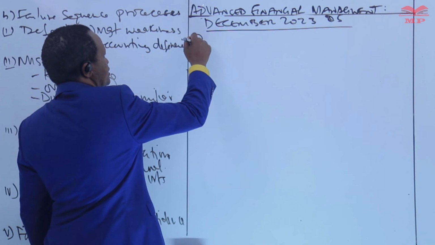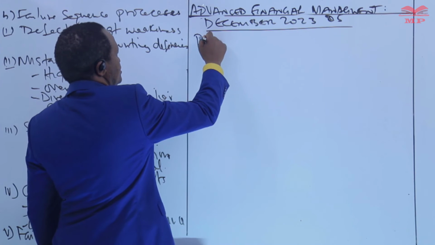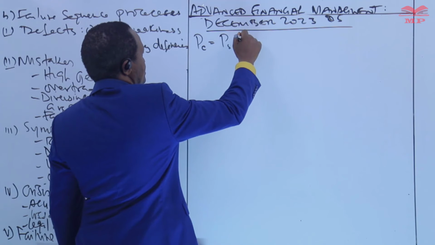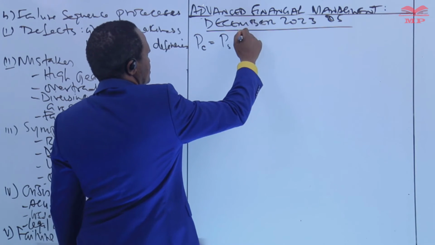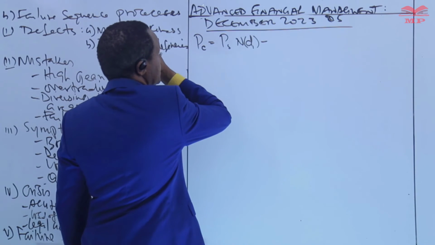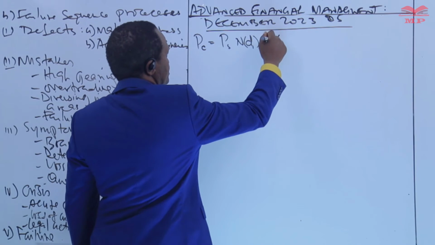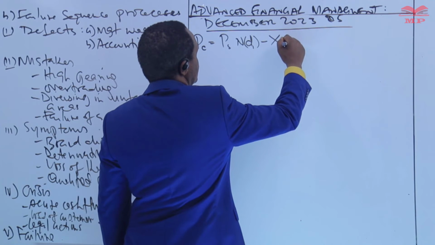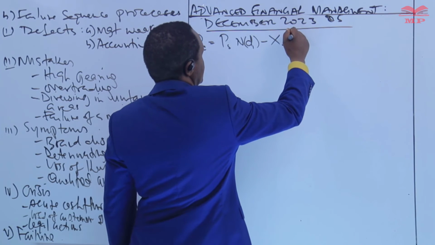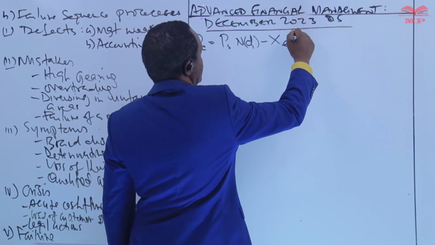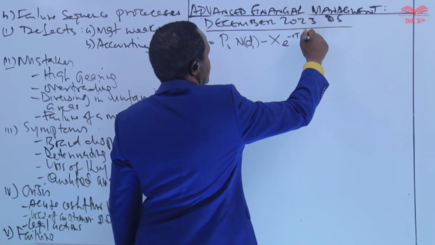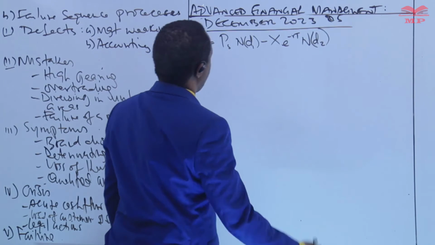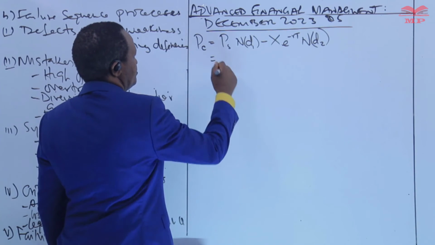PC equals P times N(d1) minus X times e raised to negative RT times N(d2). That is the main formula.